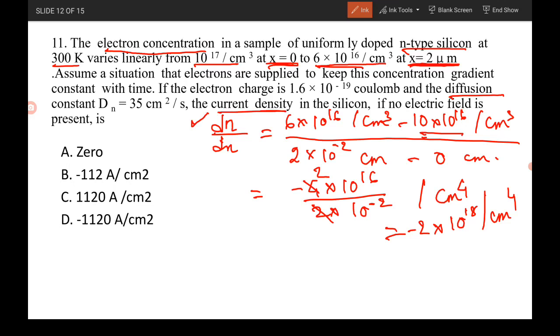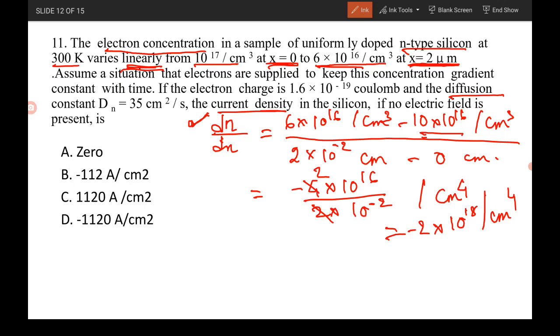Okay, so what are the other values given? Assume a situation that electrons are supplied to keep this concentration gradient constant with time. The graph is linear, so this concentration gradient remains constant over time.